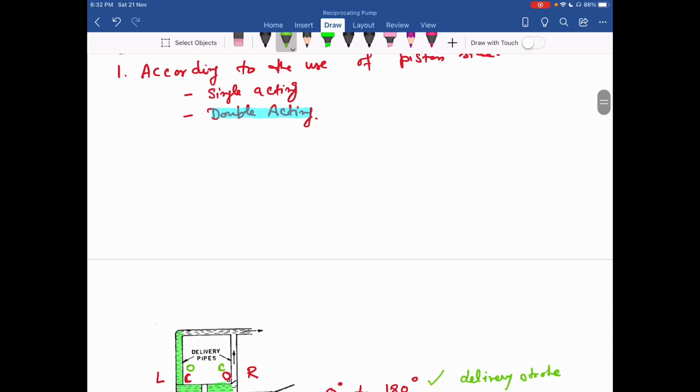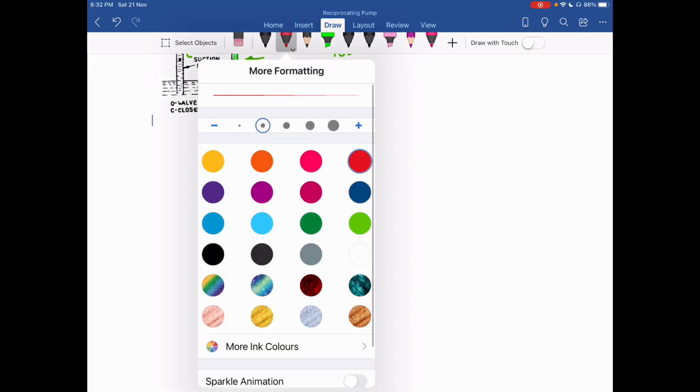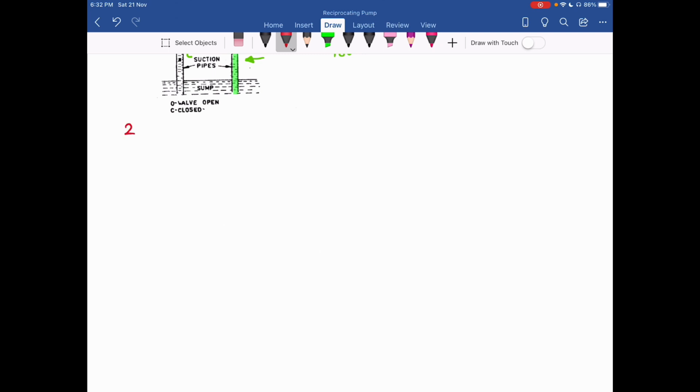So this is the classification based on the use of piston side. The next classification is on the basis of number of cylinders. According to this, I have single cylinder pump.